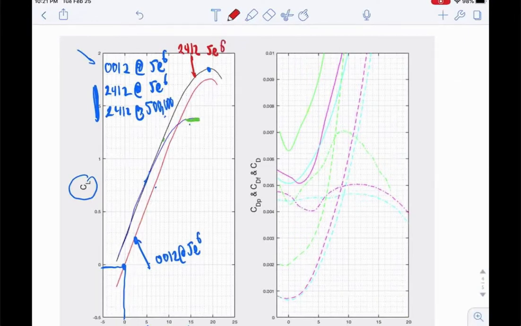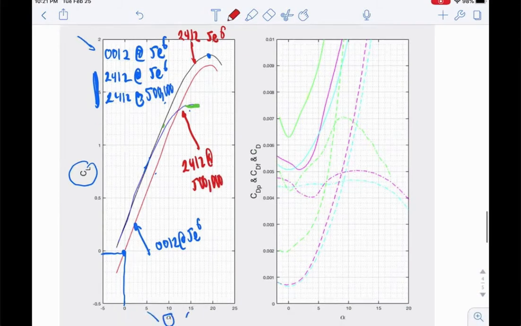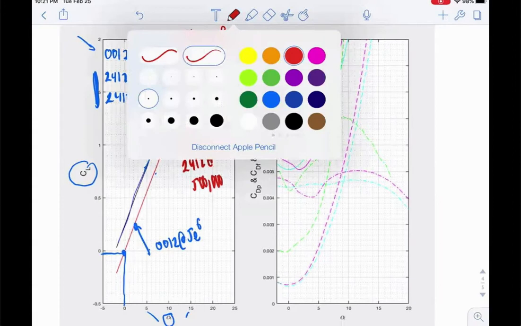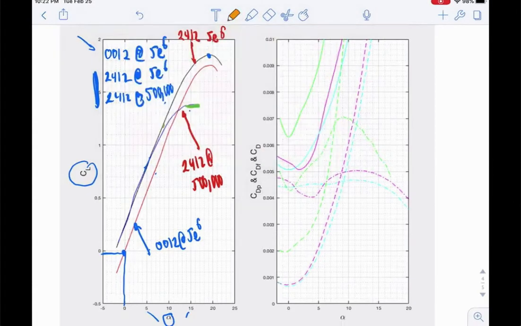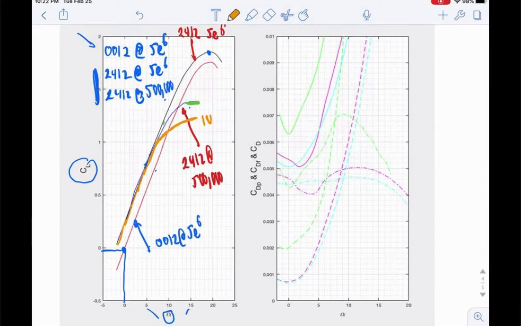And this blue line is the 2412 at 500,000. If we were to run an even lower Reynolds number, same foil, I would expect it to follow the same linear path and then start to stall even earlier than 500,000. So this might be 100,000. I don't know exactly what it looks like, but let's say this is 100,000.